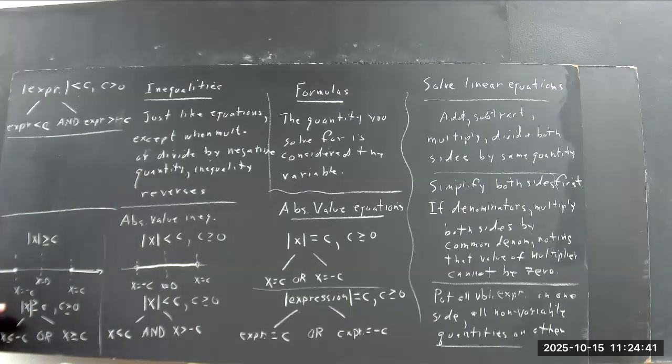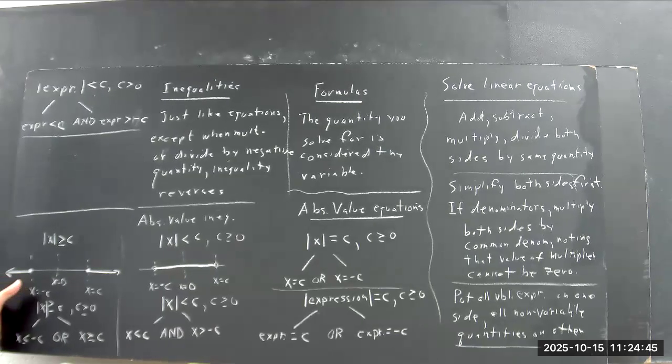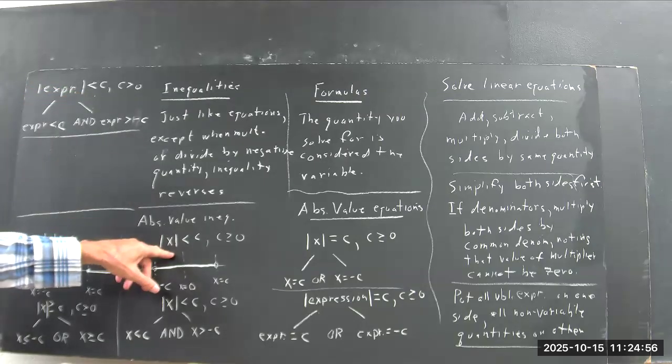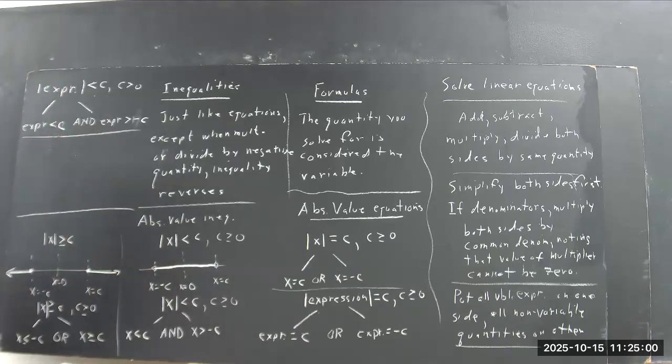And let's make sure, I got almost all the board there, but not all of it. I think I got everything now. Okay. So whatever your expression is, it acts just like the absolute value of x, just an absolute value of whatever the expression is.